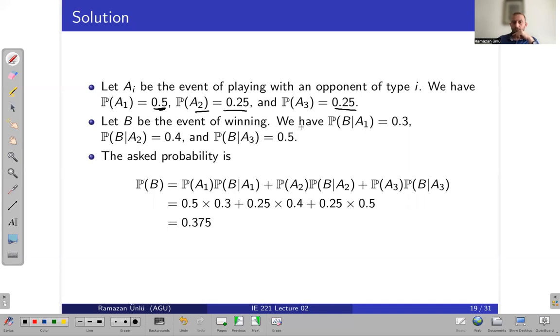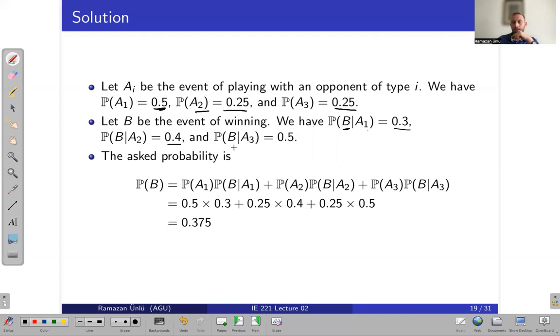And we know the probability of B given A1. So if your opponent is type 1, the probability of winning the game is 0.3, right? And if your opponent is type 2, the probability of winning a game is 0.4.